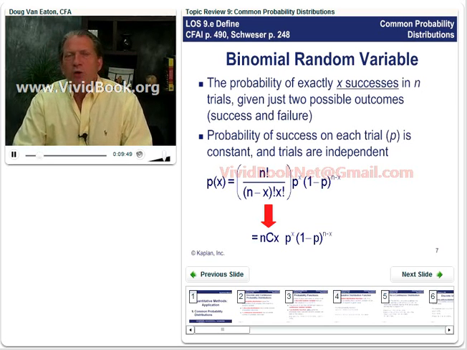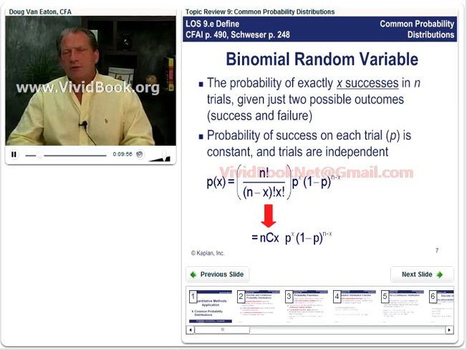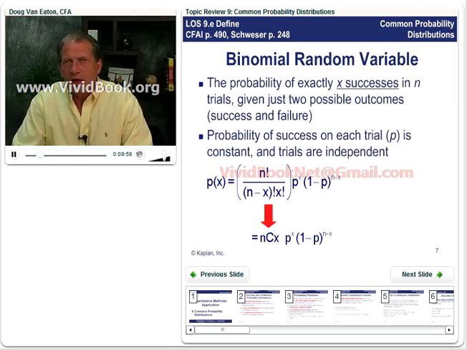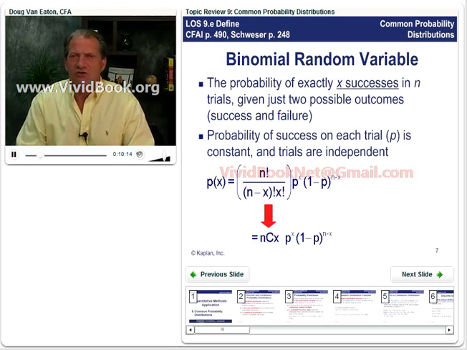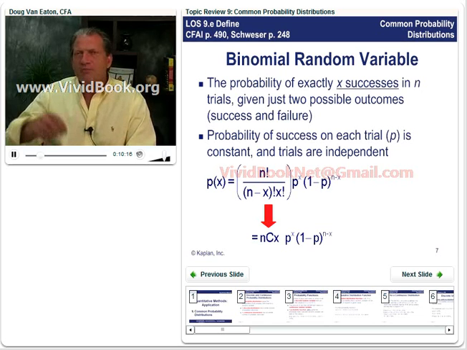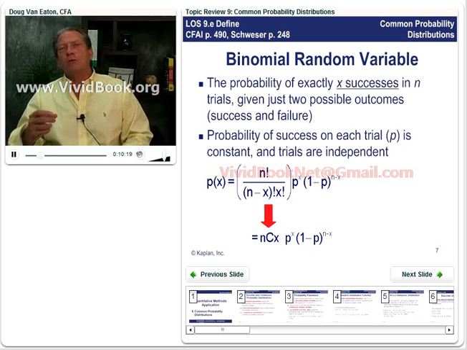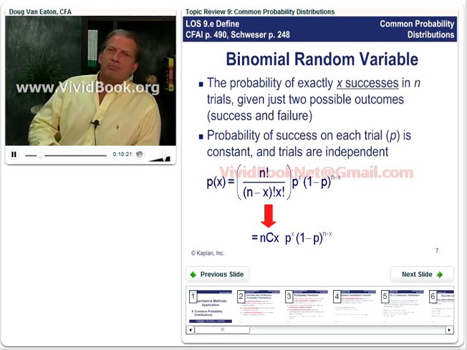The idea of this formula here, which isn't as daunting as it looks, is that we're going to have a trial and we're going to see how many successes we get. Maybe the easiest way to think about this is a barrel full of balls where some are black and some are white. We can define success either way, as either choosing a black one or choosing a white one. Then what we're going to calculate is the probability of exactly X successes in N draws. So we're going to draw, without looking, balls out of the barrel.